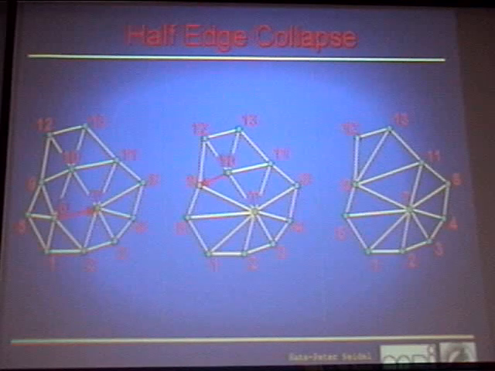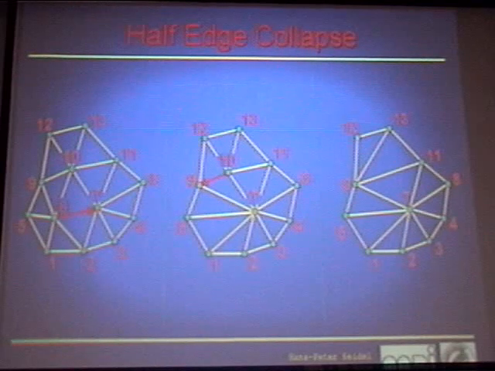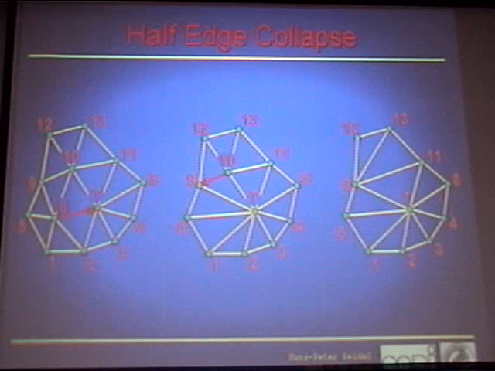Now, many algorithms that are available these days, and there's also code available, are based on a so-called half-edge collapse. So this is illustrated here. What we're doing here is basically, first we're collapsing the vertex number 6 onto the vertex number 7.